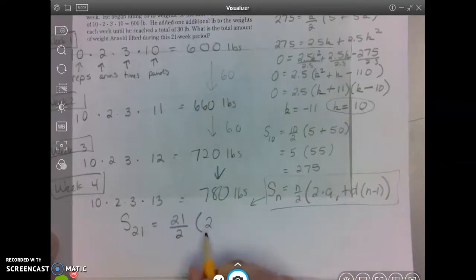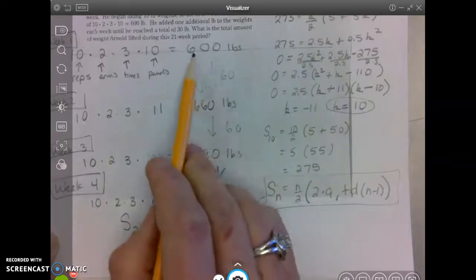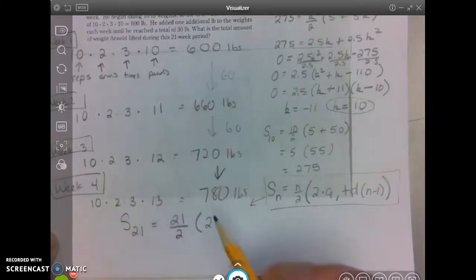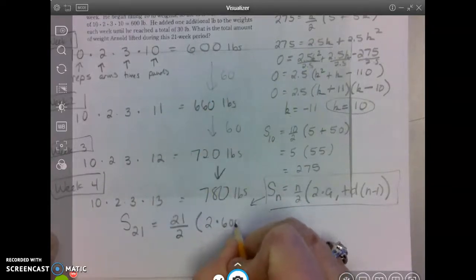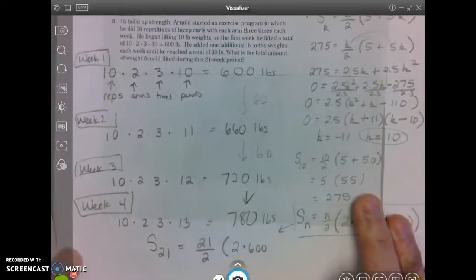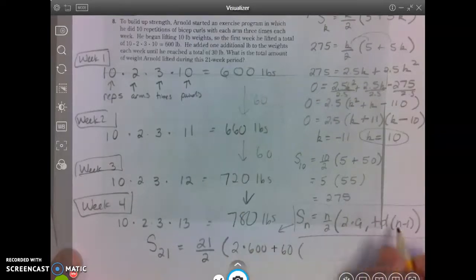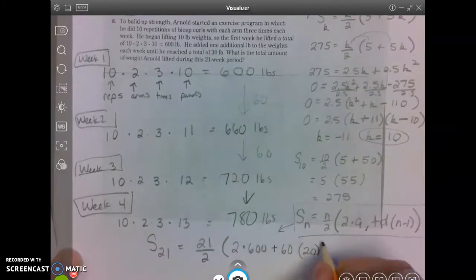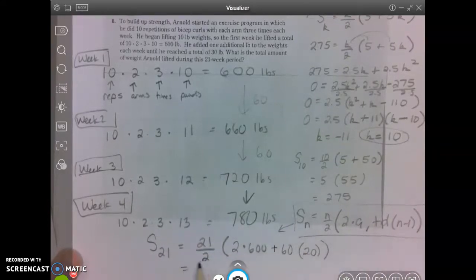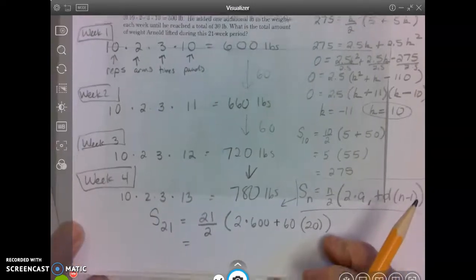2 times the first week. We know that the first week he lifted 600 pounds. 2 times 600, because remember we said that 600 was week 1, plus the constant difference is 60, n minus 1. Since n is 21, n minus 1 is 20. So now all I have to do is put all of this in my calculator.